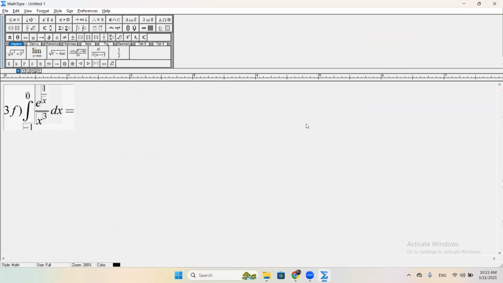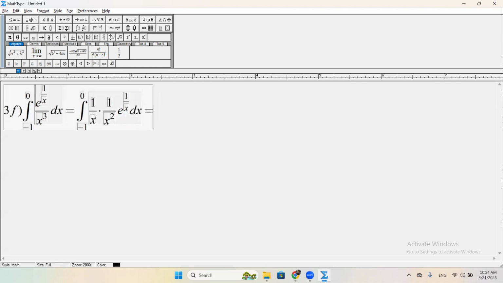So the singularity point is 0 here, and that's the only singularity point. Now let's write this integral as the product of the following functions. So 1 over x multiplied by 1 over x cube and multiplied by the exponent of 1 over x.